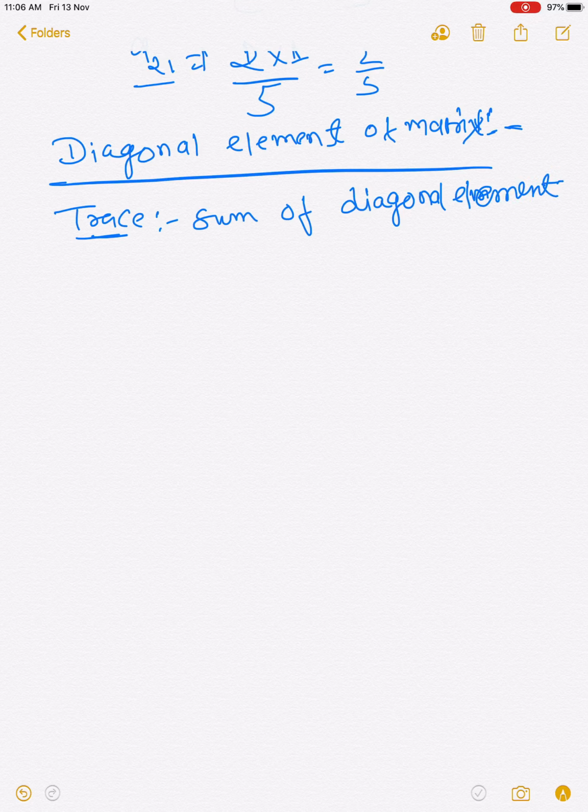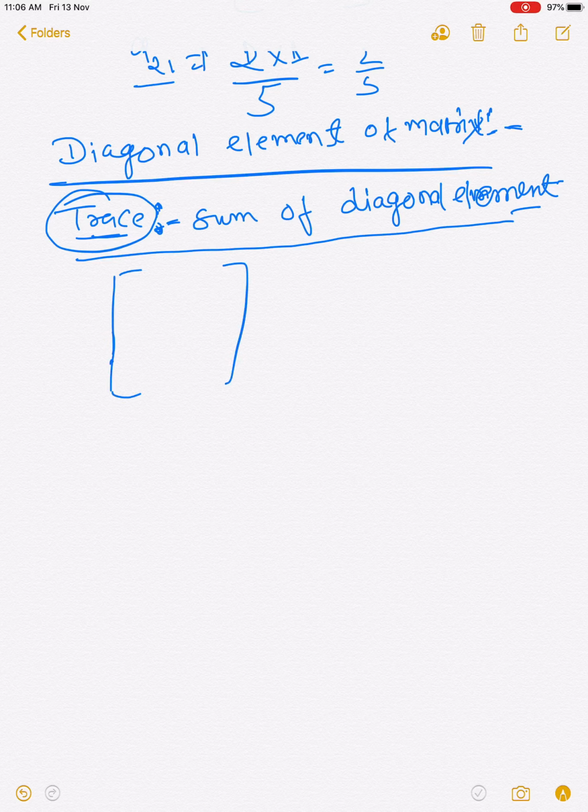We will study this further, and you will come to know about trace. So just remember trace: what is trace? Sum of diagonal elements. So what is a diagonal element first? That is where i equal to j, that element is a diagonal element.